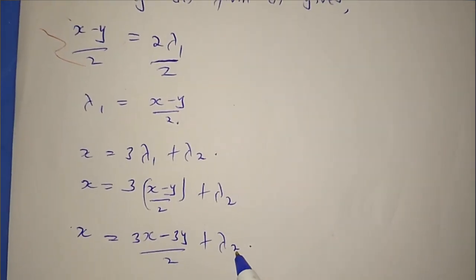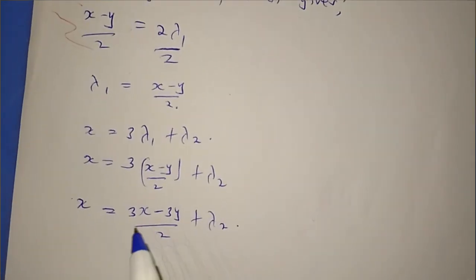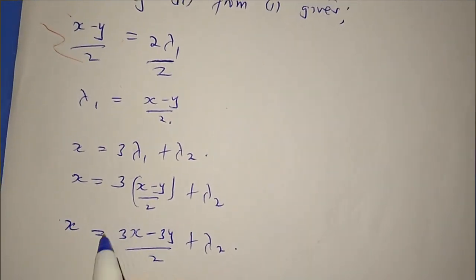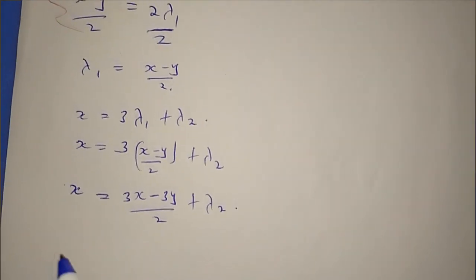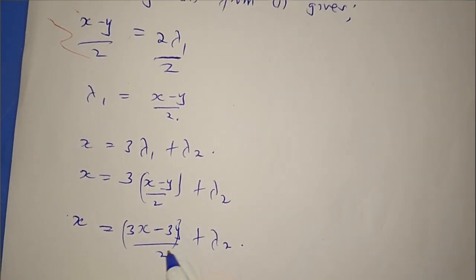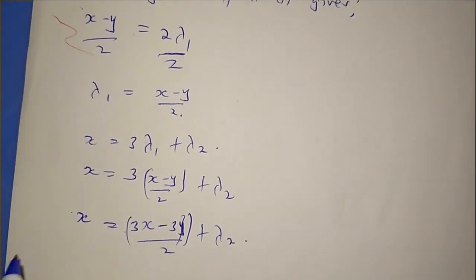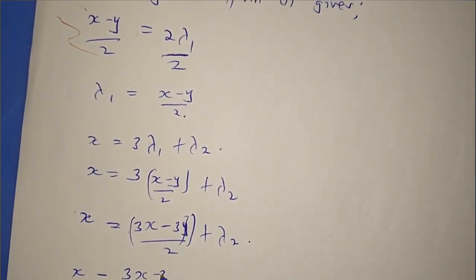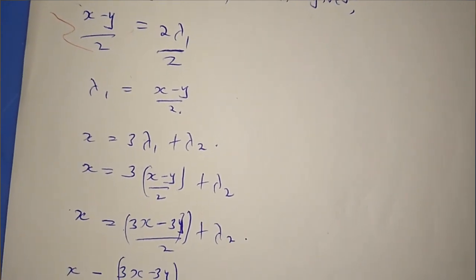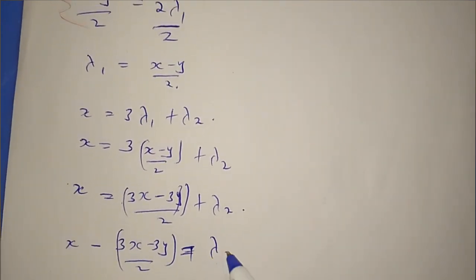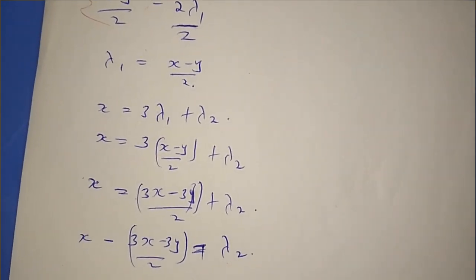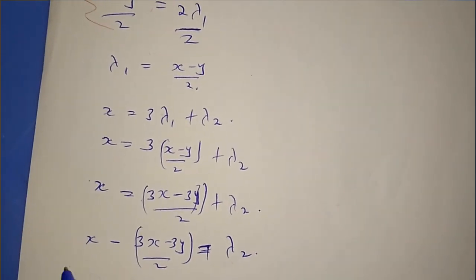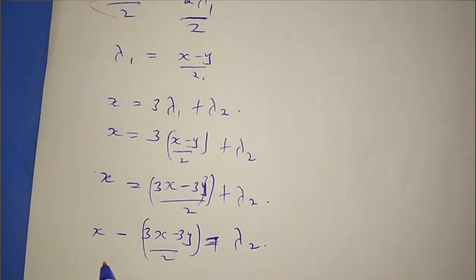To get the value of lambda 2, at this point we collect like terms. We move this term to the other side where we have x, and since here it is positive, it will be negative coming this side. So x minus (3x minus 3y) over 2 is equal to lambda 2. Here we look for the LCM.